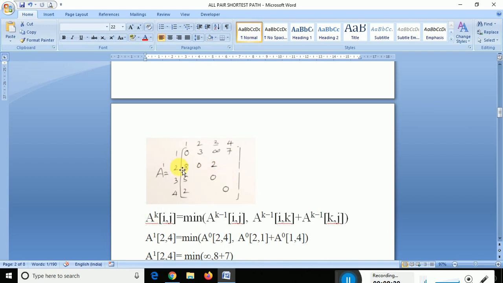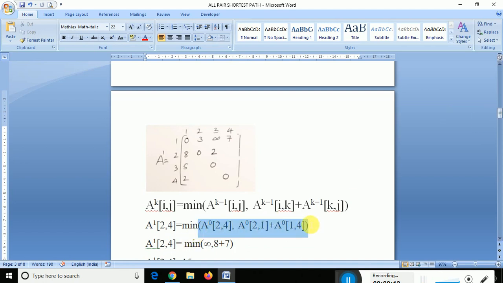So next thing we have to find 2 comma 4. Same formula, same thing. a dash means a raised to 1, now 1 minus 1 is 0. 2 comma 4 as it is we have to put, that is second row fourth column, i j as it is. i k means i is 2, k is 1, the k value. And the same thing, a naught, k means 1, j means 4.